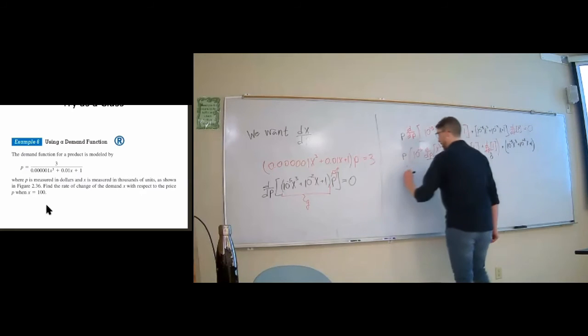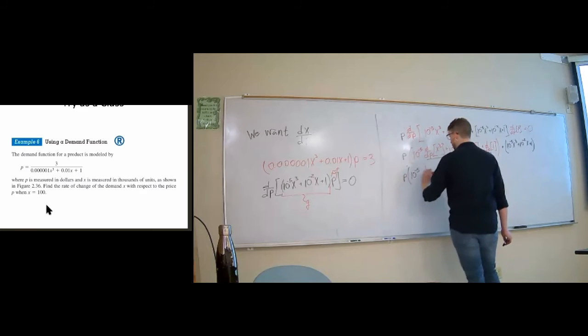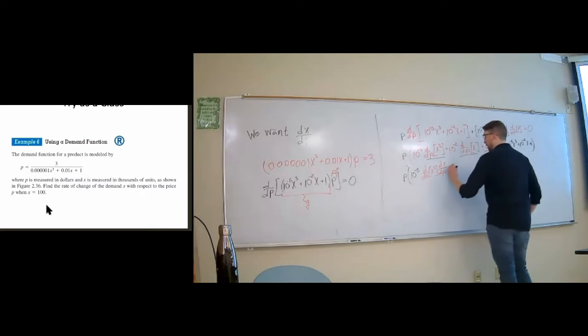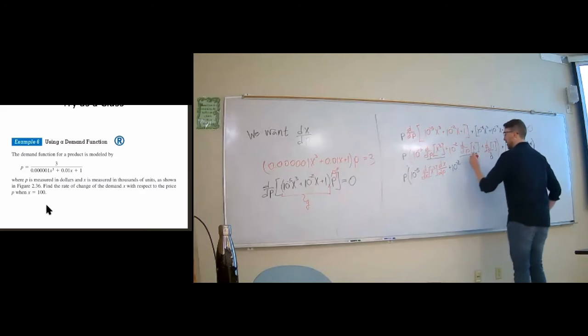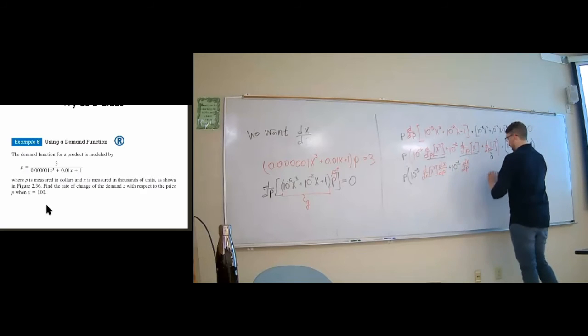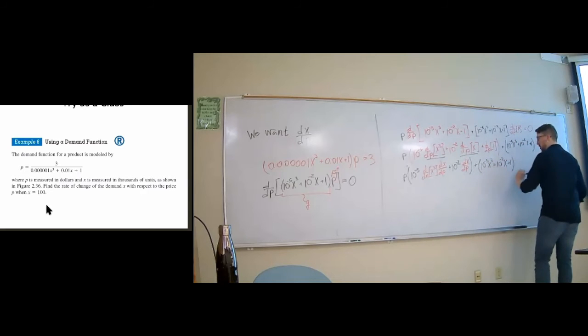So we get p times 10 to the negative fifth, d/dx of x cubed, times dx/dp, plus 10 to the negative second, this is going to be dx/dp, close that, plus that polynomial, 10 to the negative fifth x cubed plus 10 to the negative second x plus 1, is all equal to 0.